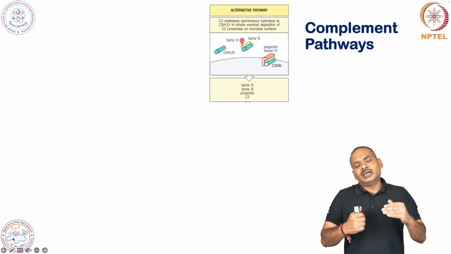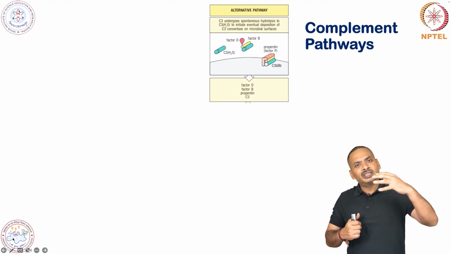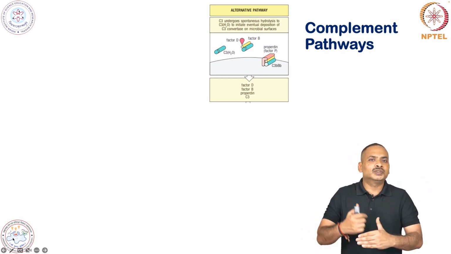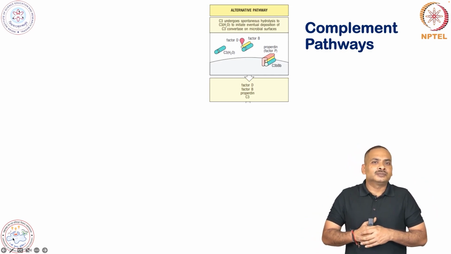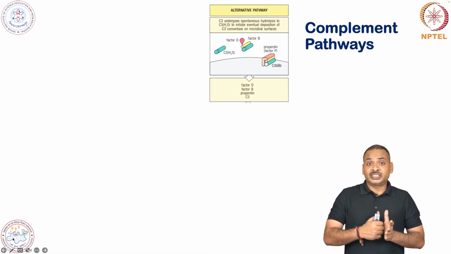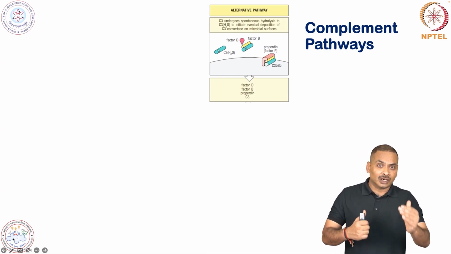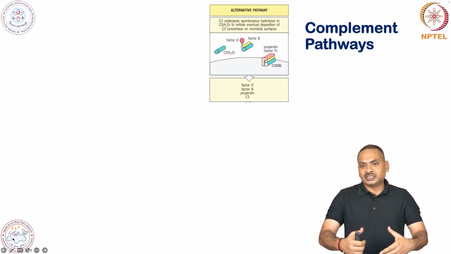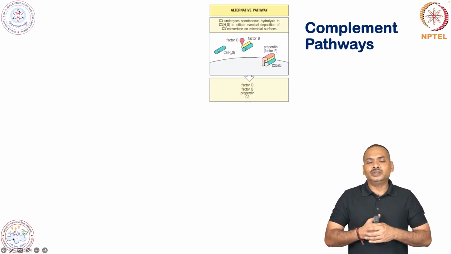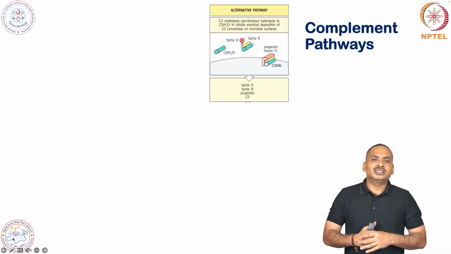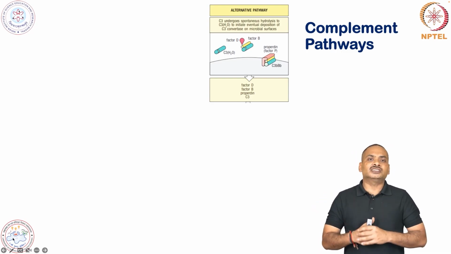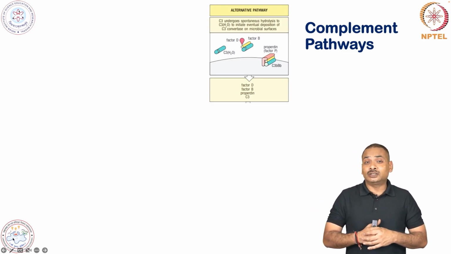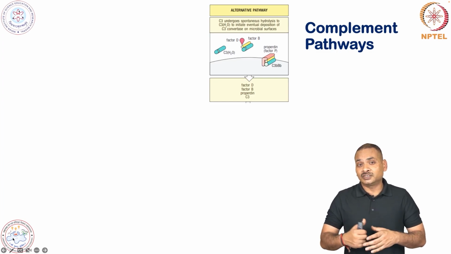So what is basically happening is that when there is a microbial infection, there are some factors on the microbes which are a distinguishing feature between our own cells and microbial cells. I will discuss this when I take up the alternative pathway, but just remember that there are some distinguishing features which allow the initiation of hydrolysis of C3.